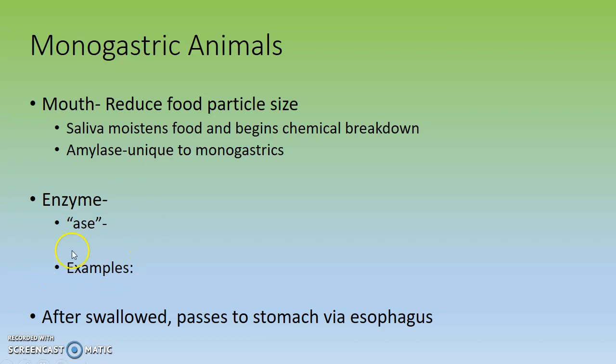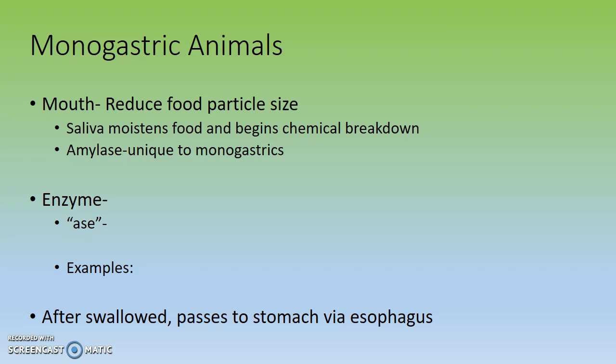Some of the examples, and you'll want to write these down, are pretty straightforward. The first one's going to be sucrase, SUCRASE. Sucrase is going to be an enzyme for sucrose. Lipase, LIPASE, is going to be an enzyme for lipids.